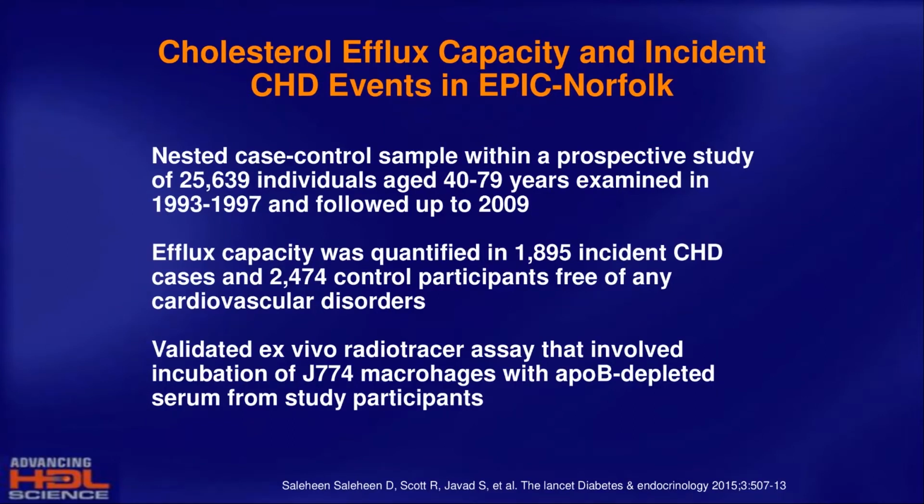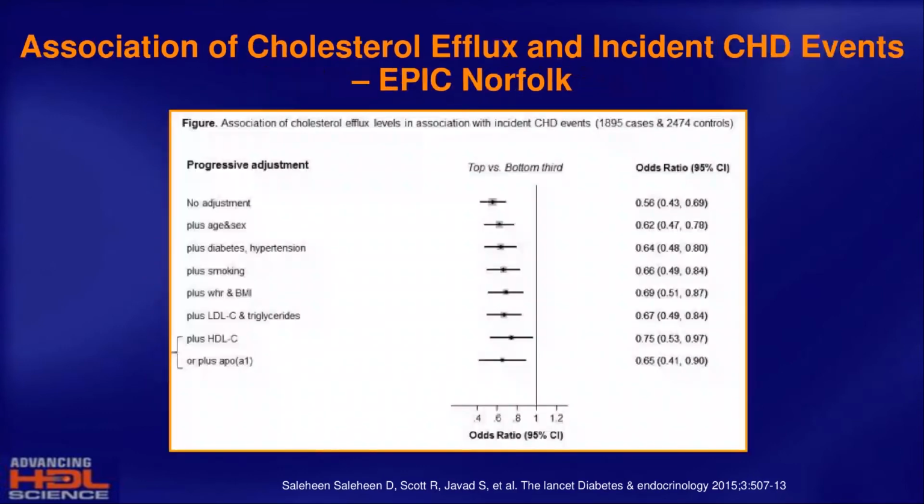Another study that was presented at the same time and published in Lancet Diabetes and Endocrinology was a nested case-control study from EPIC-Norfolk, and they looked at efflux capacity in 1895 subjects with coronary heart disease and control participants. And this study used the radio-labeled method for cholesterol efflux that was used by Khera in that New England Journal of Medicine paper.